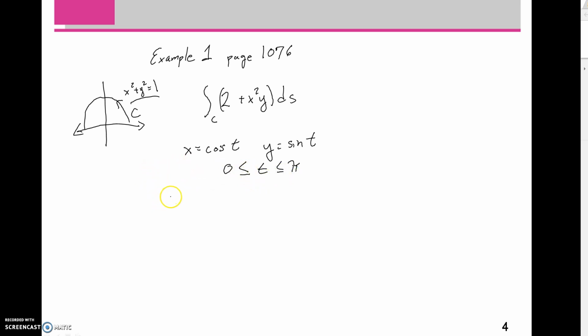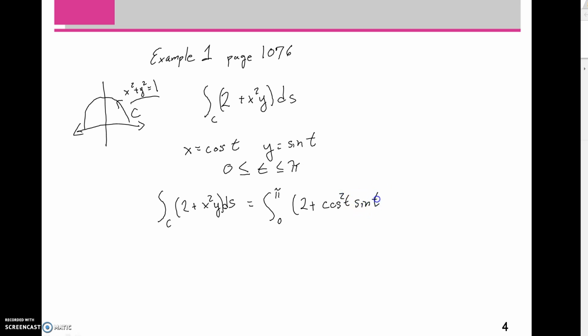So now basically we just plug into that formula 3 that we had just talked about. Let's write the integral down again, following what the book's got here. That's going to equal the integral from 0 to pi of 2 plus, now our x is cosine t, so we plug that in, cosine t squared, and our y is sine t.